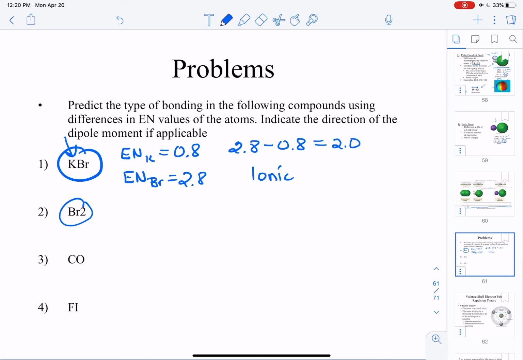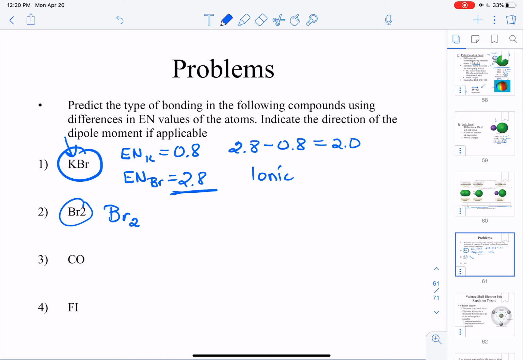Now this guy right here should be written as Br2, but again, Notability is not helping me out with that, so I'll just write it again. Now bromine, we can see up here, has an electronegativity value of 2.8. But you guys should recognize right off that this is probably nonpolar covalent because you have two of the exact same atoms bonding to each other.